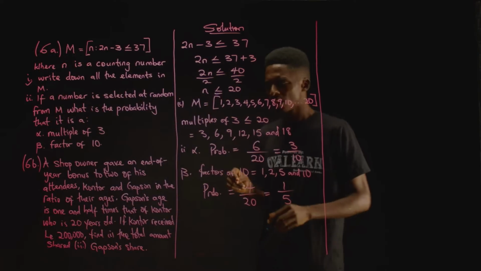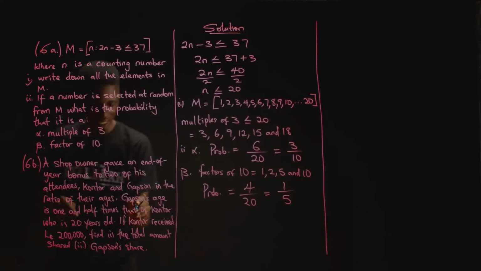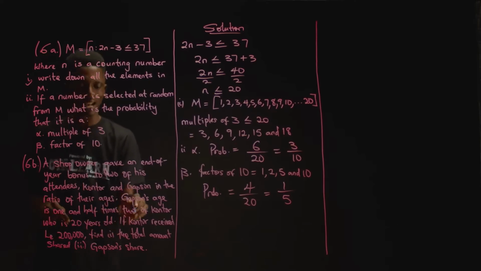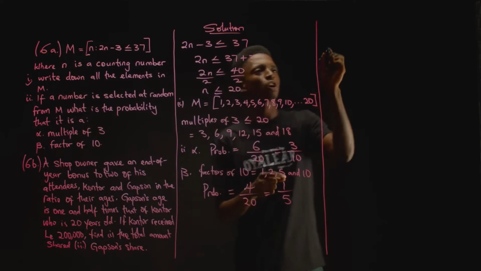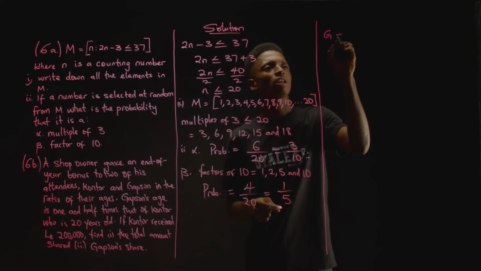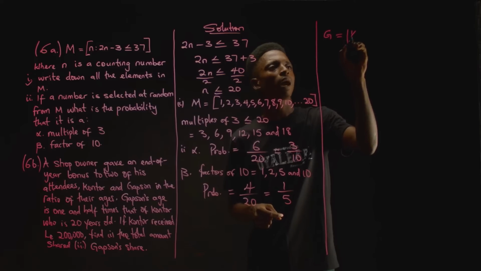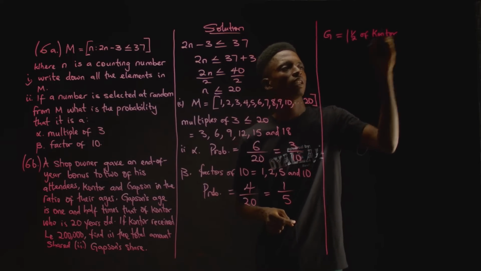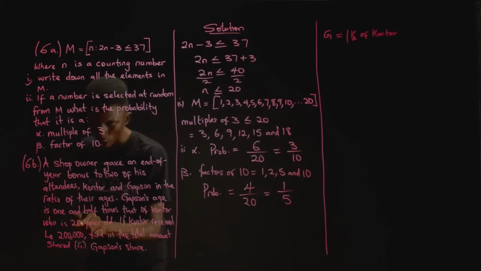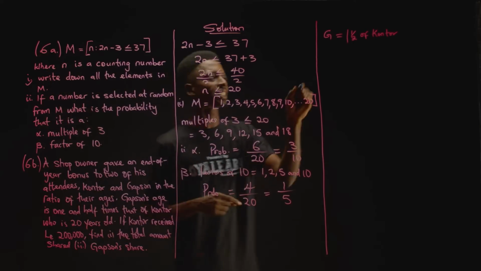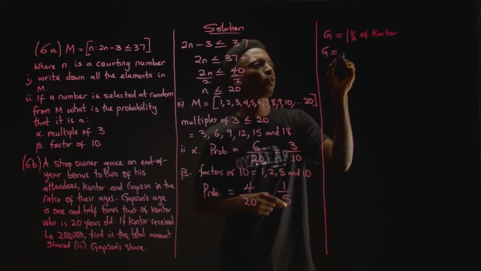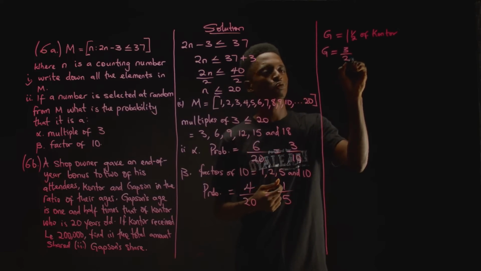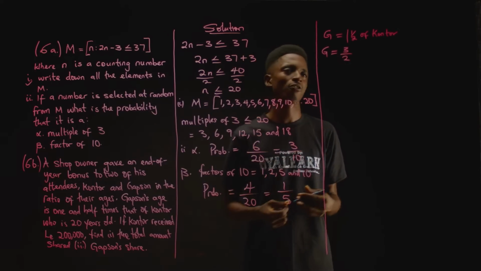So to solve this, we are going to pick this line here, which tells us that Gabson's age is 1.5 times that of Contour. That is, the age of Gabson equals 1 whole number 1 over 2 of Contour. Now recall that we are told that Contour is 20 years old. That is, Gabson's age, G, equals, now 1.5 is the same thing as having 3 over 2 when we write it as an improper fraction.